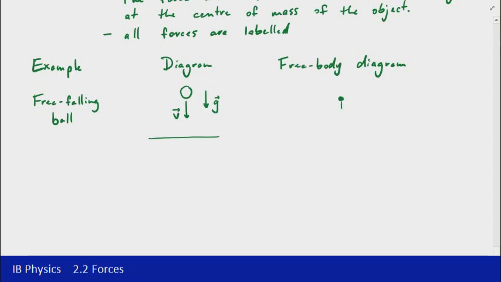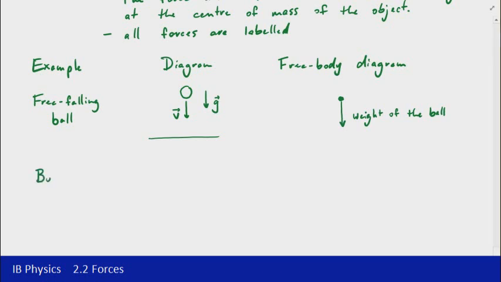The only force acting on that would be a downwards force, being the weight of the ball. So you can see in that case a very easy free body diagram. There's only one force, so we only need to represent one force on the center of mass of the ball.